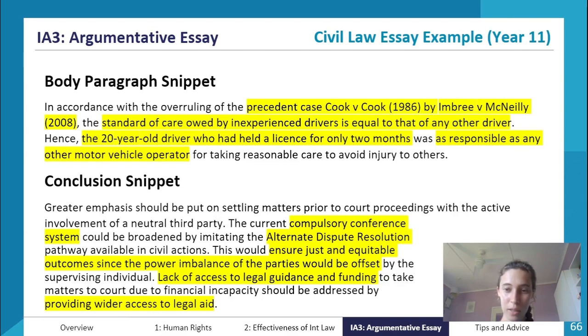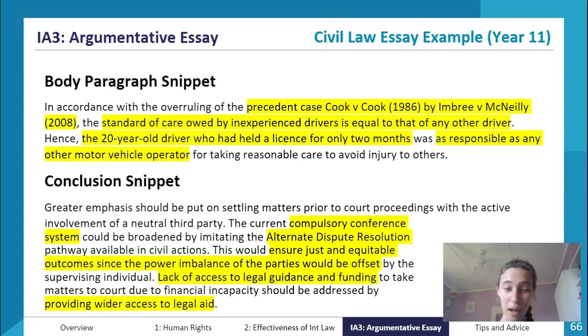Here I've got a precedent case, and then I use that to explain what the law is. According to this precedent, the standard of care owed by inexperienced drivers is equal to that of any other driver. And then I apply that to the scenario as well.